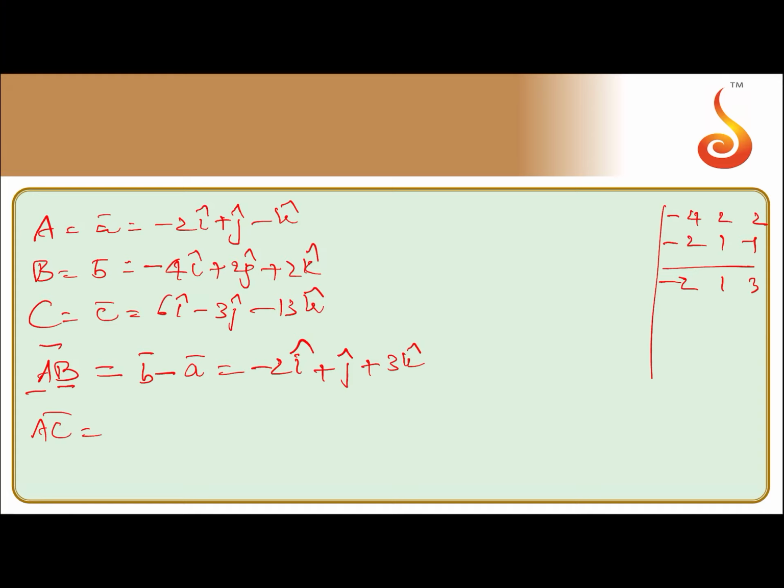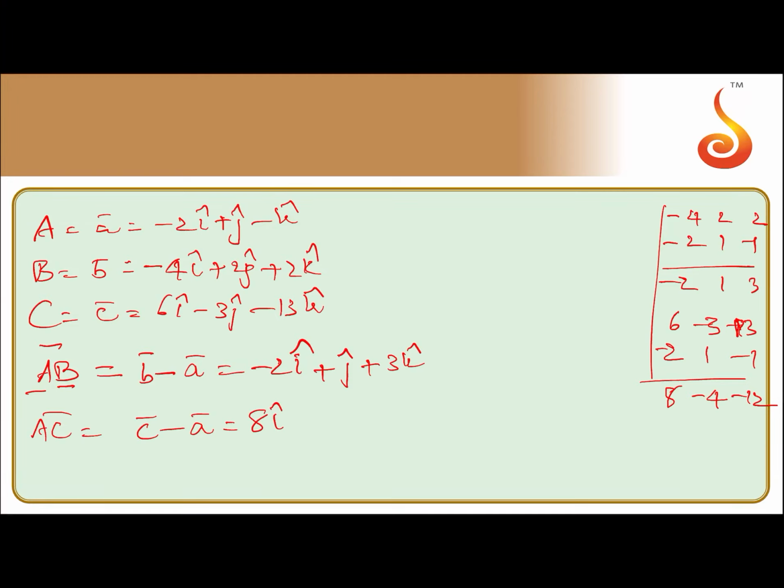AC vector is equals to the position vector of C minus the position vector of A, that is C minus A. The components are 6, minus 3, 13, from which you are subtracting minus 2, 1, minus 1. So you will be getting 6 plus 2 is 8, minus 3 minus 1 is minus 4, 13 plus 1 is 14.